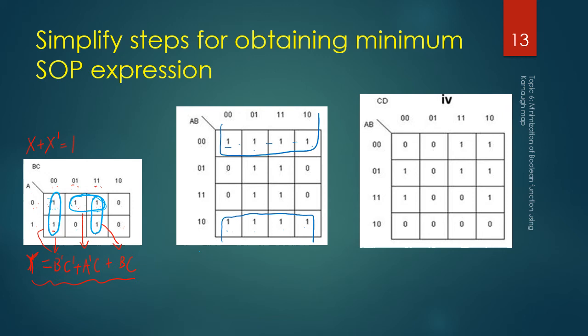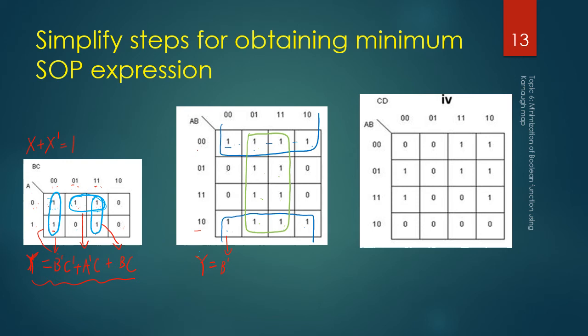Similarly, I can make a second group of 8, like here, because these 8 squares are neighbors of each other. In order to write the output function, we check the blue group. In the blue group, a is changing, b is not changing, so we have b prime.